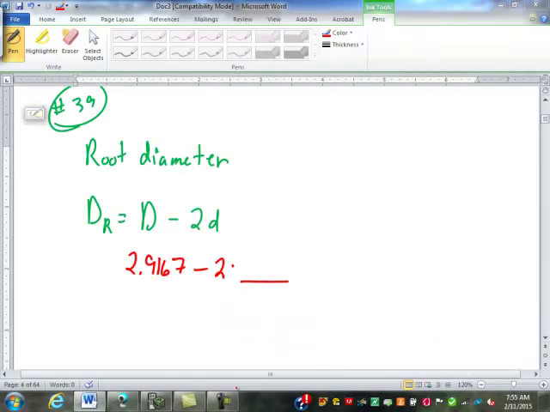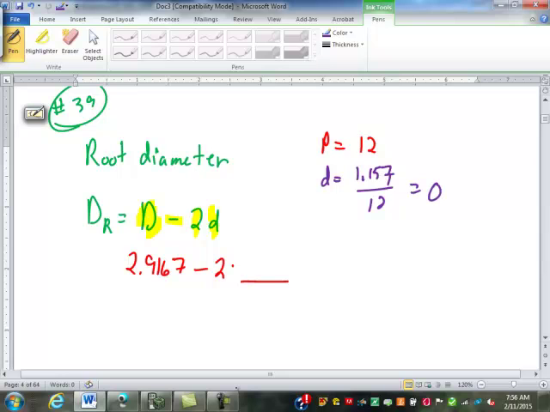So on number 39, finding the root diameter, we were given the pitch diameter, D. That's one of the things we need to know. The root diameter is the pitch diameter minus 2 times the dedendum. We don't know the dedendum. So for the dedendum, we need either the pitch or the circular pitch. Well, for number 39, we are given the pitch is 12. So that means the dedendum, once again, this 1.157 is a constant over 12.